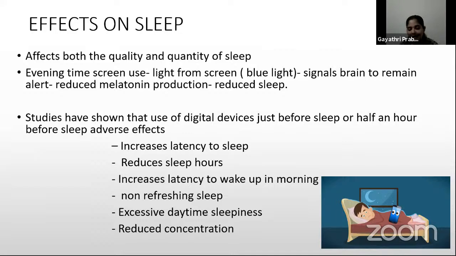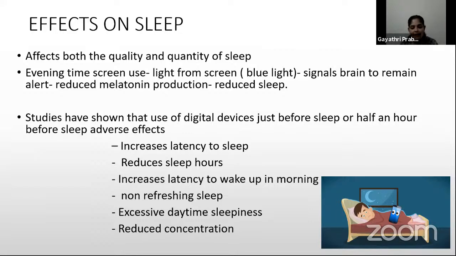It will increase the latency of sleep, which means even if you go to bed, it will take at least half an hour, 40 minutes for you to go to a sleeping mode. You will still be awake, your thoughts will be very much there. It reduces the sleep hours because you sleep late, you need to get up at the same time, so it reduces the number of hours you get sleep.